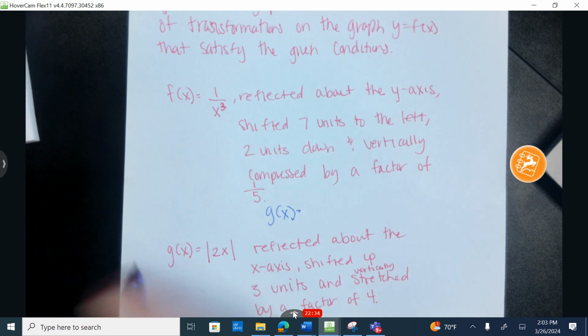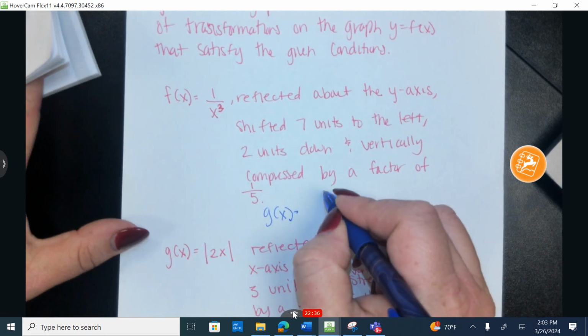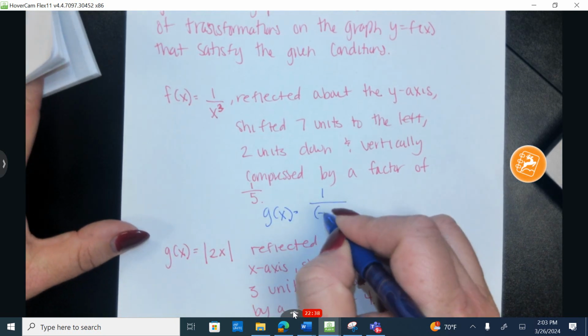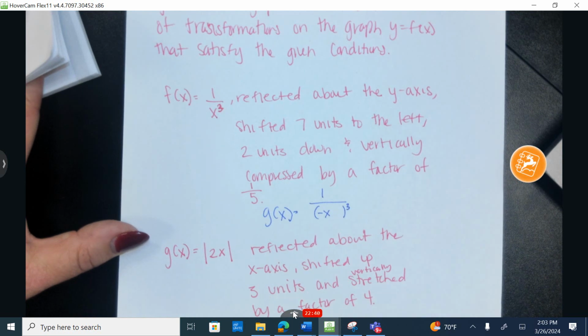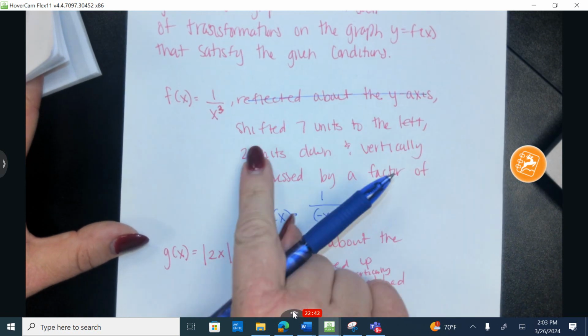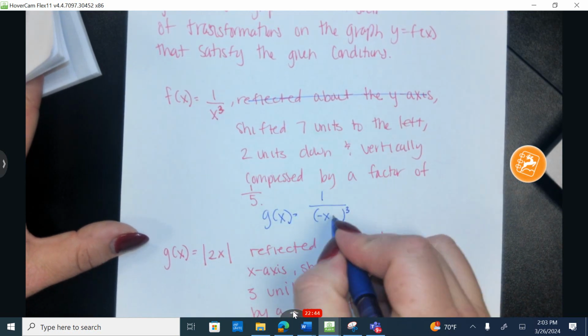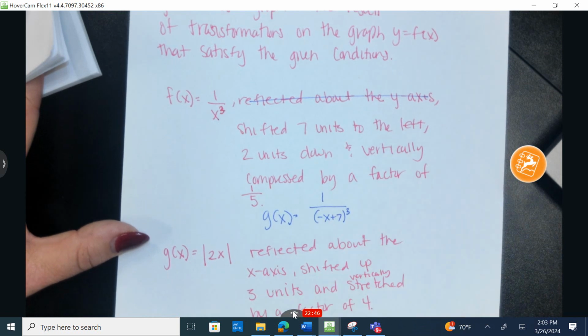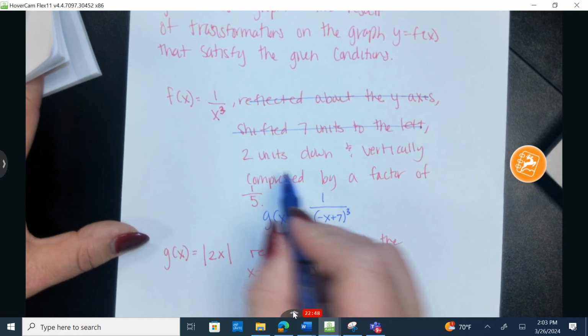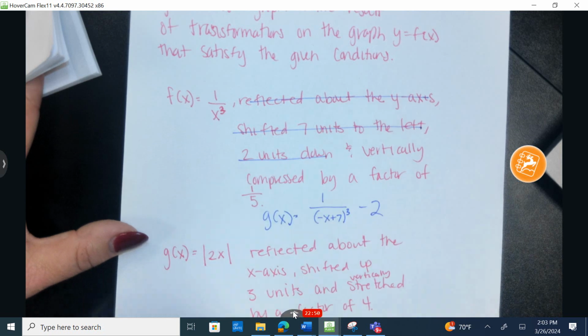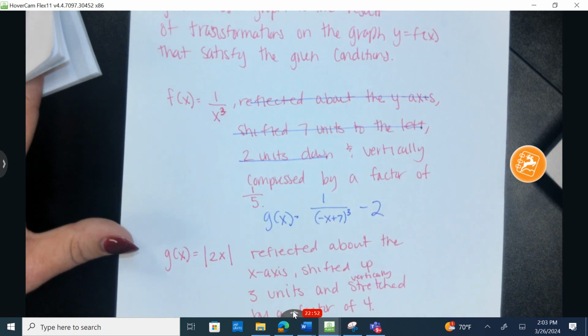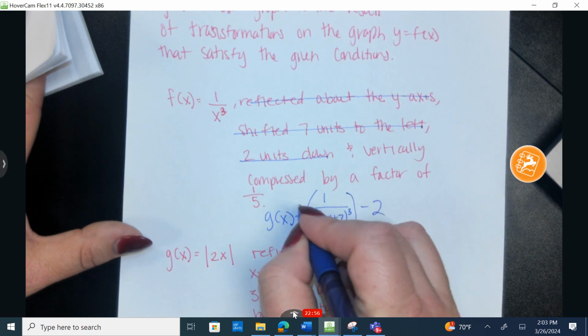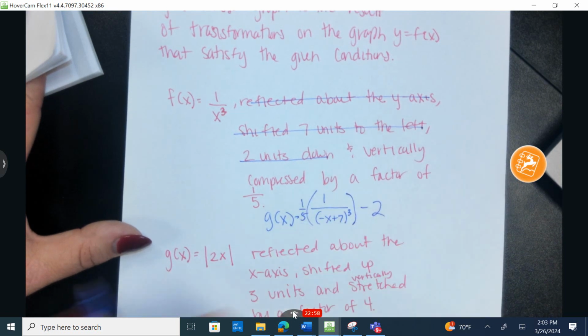If that's the case, then I'm going to take this value and have 1 over negative x cubed. Okay, so I've got that. Shifted 7 units to the left. So instead of going -7, it's opposite. We're going to go +7. 2 units down, -2. Vertically compressed by a factor of 1/5. So in front of all of this, I need to multiply by 1/5.